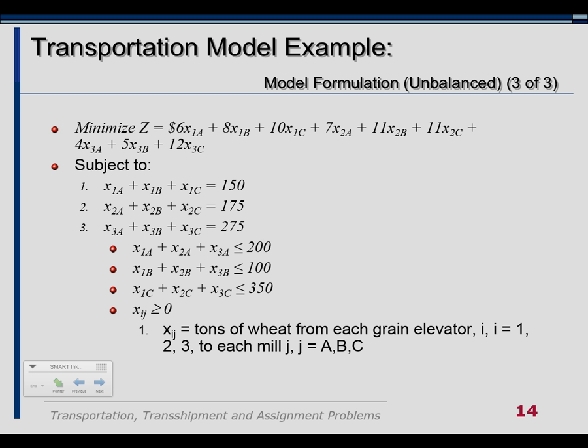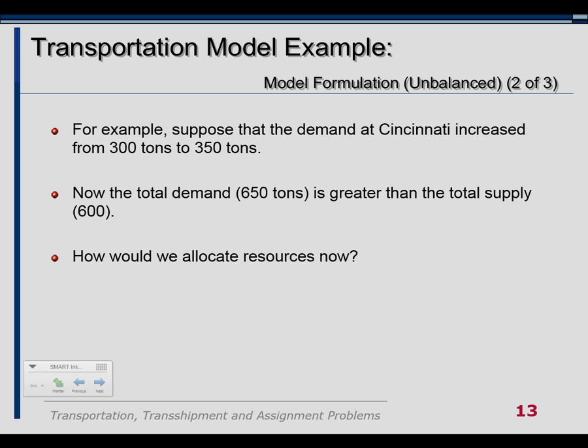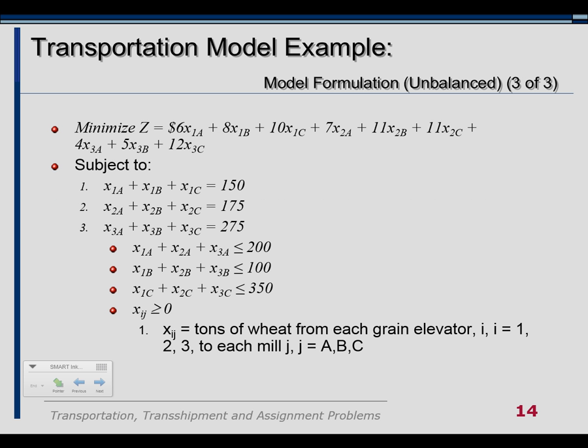What this tells us is essentially that the demand at Cincinnati increased from 300 to 350 tons. So we have more demand than we have supply. So this means when you look down here, X1A, X2A, X3A, the amount going to the grain elevator is going to be less than its demand, because less than or equal.